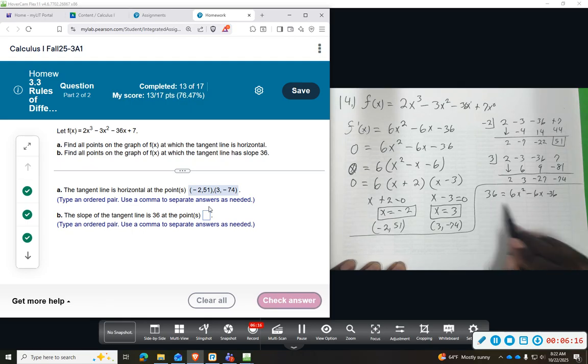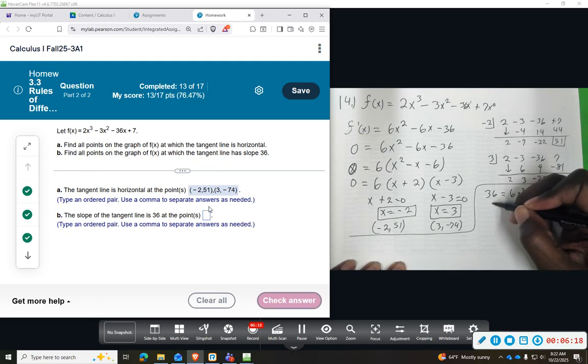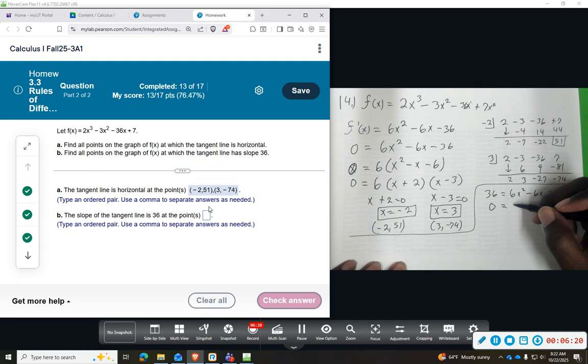If we subtract 36 and move it over, this will give us 0 equals 6x squared minus 6x minus 72. Again, I will factor out a 6 because all of these are divisible by 6 to give us a smaller factoring problem.